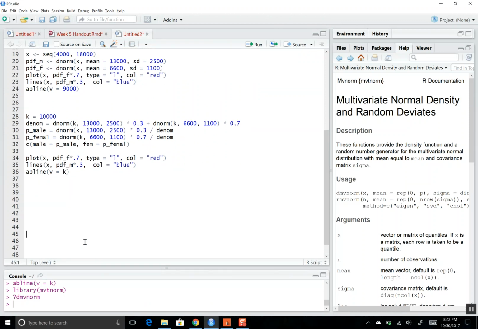I want to give this to you in your homework, so I hesitate to do too much more of a detailed example than what I've done here. But I want to give you something in your homework to do. Is that okay? All right.